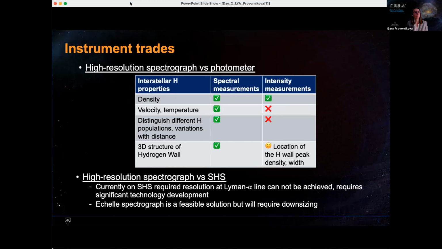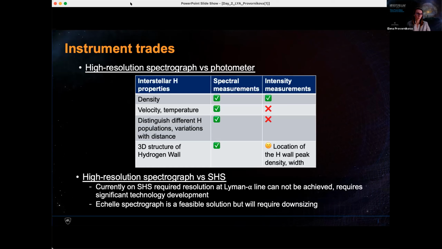With both spectral and intensity measurements, we can determine hydrogen density. But if we also want to determine velocity and temperature and constrain the distribution of interstellar hydrogen, we require spectral measurements. This cannot be done with intensity measurements.